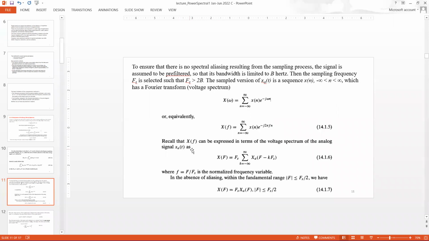Now this X(f) can be expressed in terms of the voltage spectrum of the analog signal xa(t) in this form, where this f is defined as f by fs, and it is normally the normalized frequency. So in the absence of aliasing, to avoid aliasing we have to remain within this range, and then we have this equation.